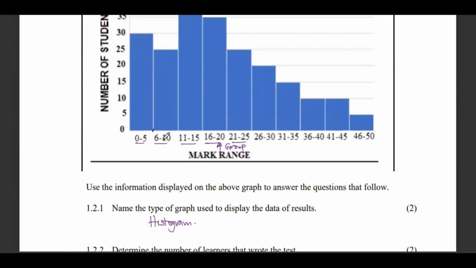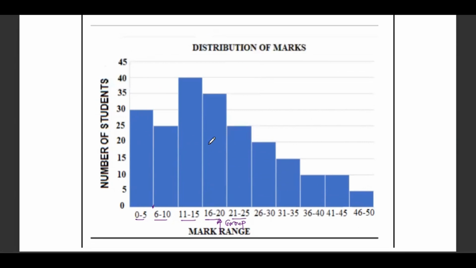They are 30. 6 to 10, how many are there? They are 25. So these are the numbers we're going to add. Here we have 30 plus 25 plus 40 plus 35 plus 25.